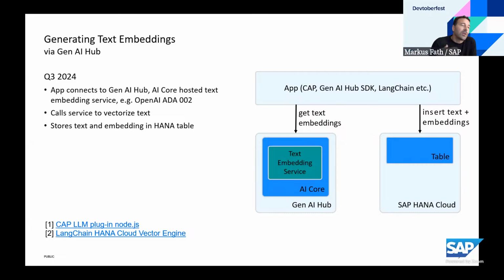You would essentially connect to BTP, to GenAI Hub, to the text embedding services exposed there on BTP. You would convert your text into these text embedding vectors, and then you would store the text along with the embedding vector in a HANA Cloud table in order to retrieve it. So that's it as of today.